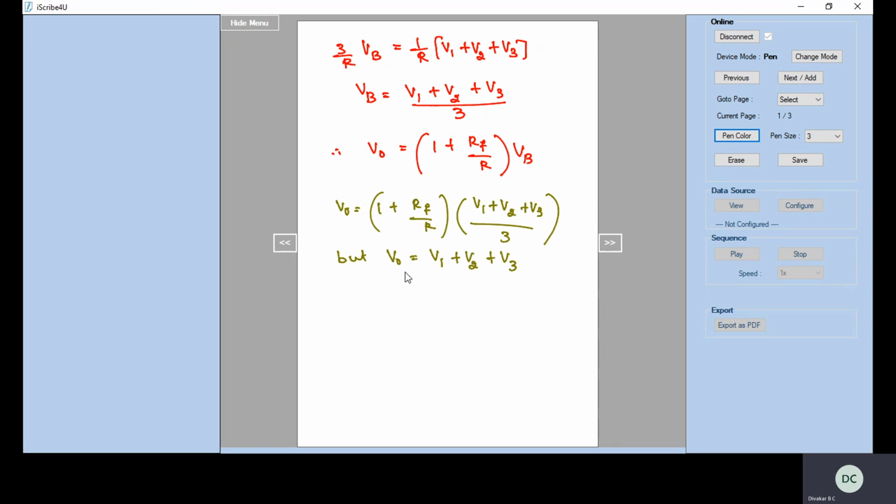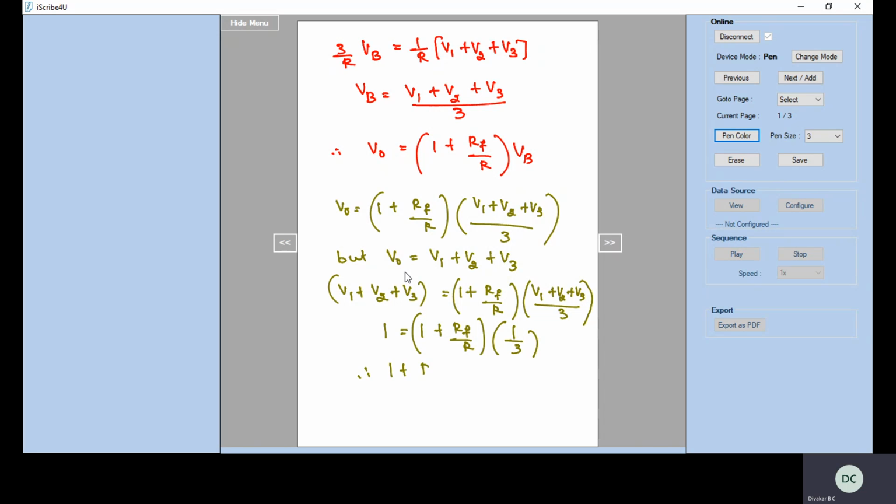So we can rewrite this equation as V1 + V2 + V3 equal to (1 + RF/R) × (V1 + V2 + V3)/3. Which gives 1 = (1 + RF/R) × 1/3.